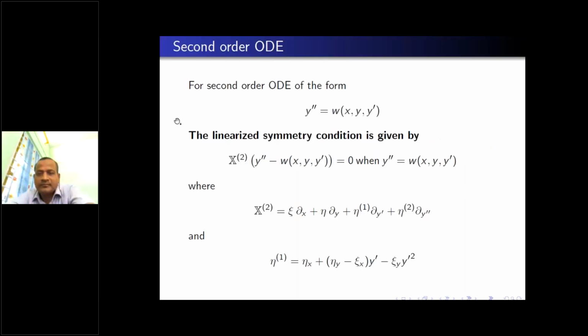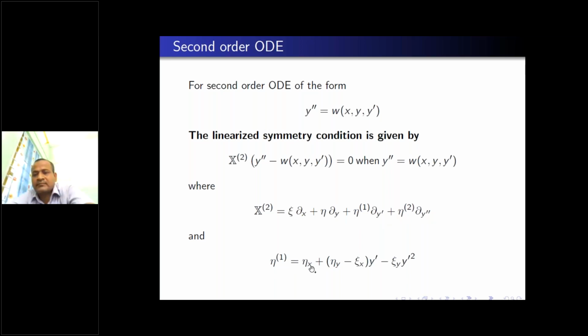Now for the second order ODE, y double dash is equal to w x y y dash, the linearized symmetry condition is given by x2 applied to y double dash minus w x y dash is equal to 0. This is written in the solved form, is equal to 0 whenever y double dash is equal to w x y dash, where x2 is given by xi del by del x, eta del by del y, eta 1 del by del y dash plus eta 2 del by del y double dash.